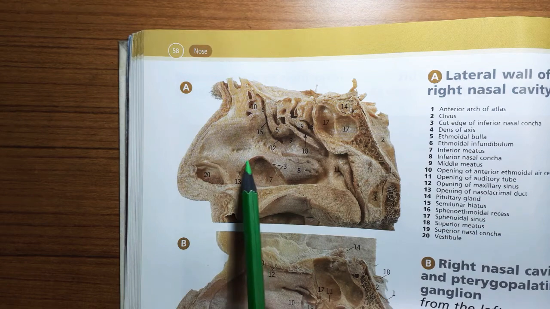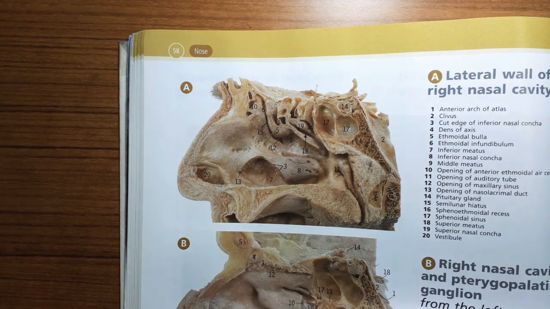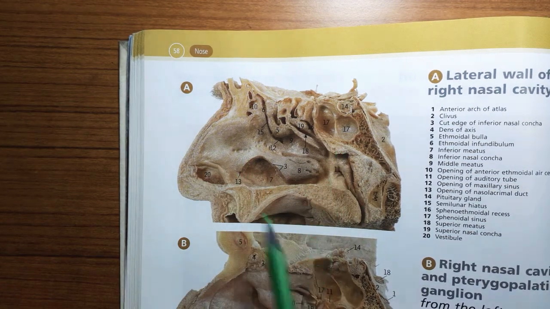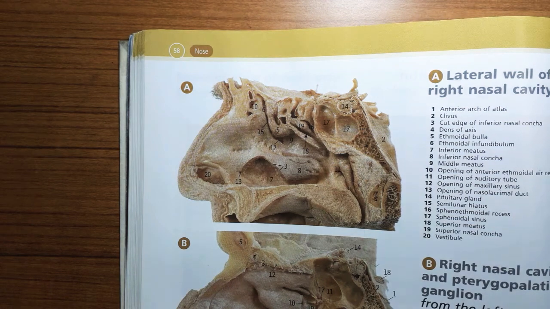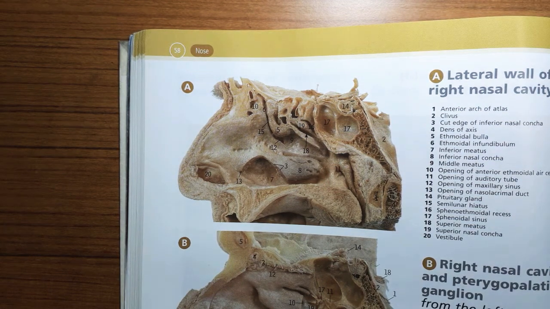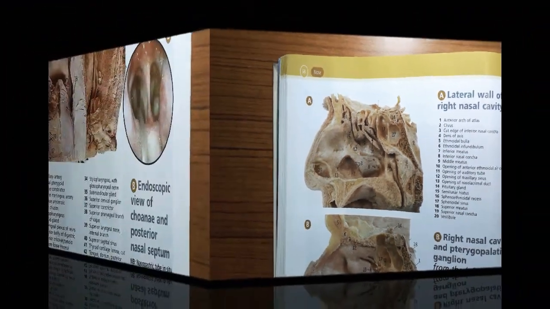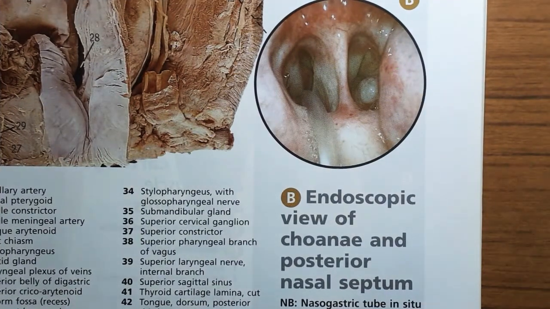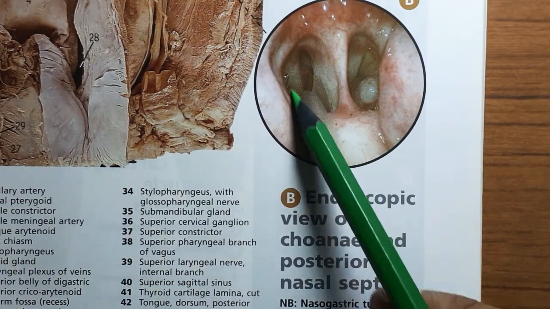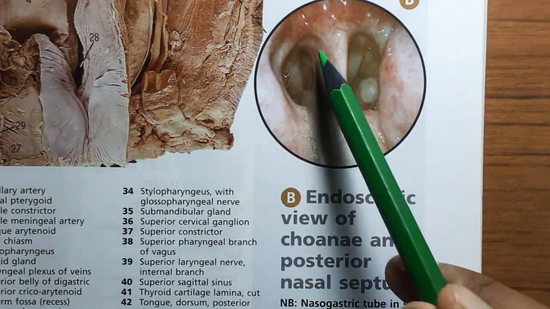Each nostril is cartilaginous and bounded medially by a mobile septal cartilage. This is the septal cartilage, and laterally by the ala. Both walls meet at the tip or apex of the nose. The picture that you are seeing right now is the endoscopic view of the choana, and these are the posterior nasal openings.